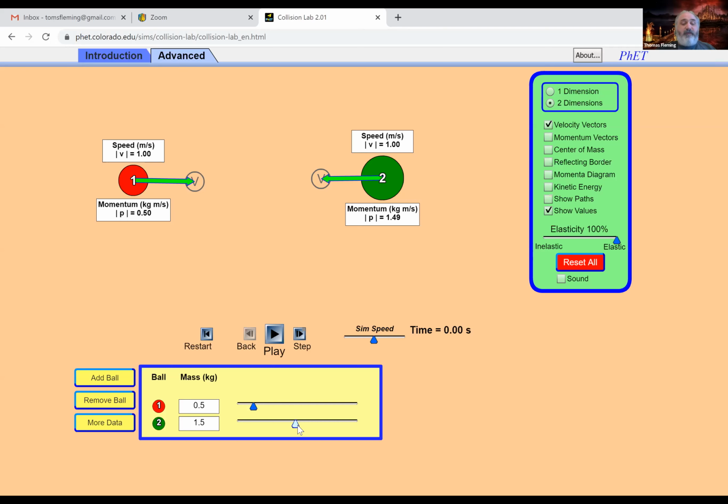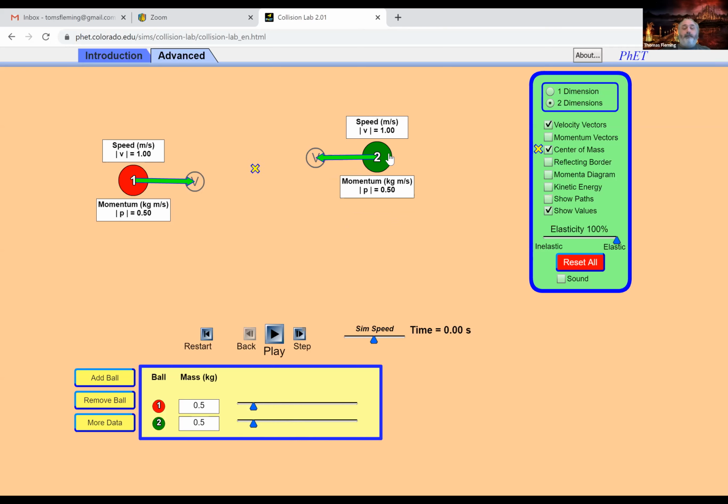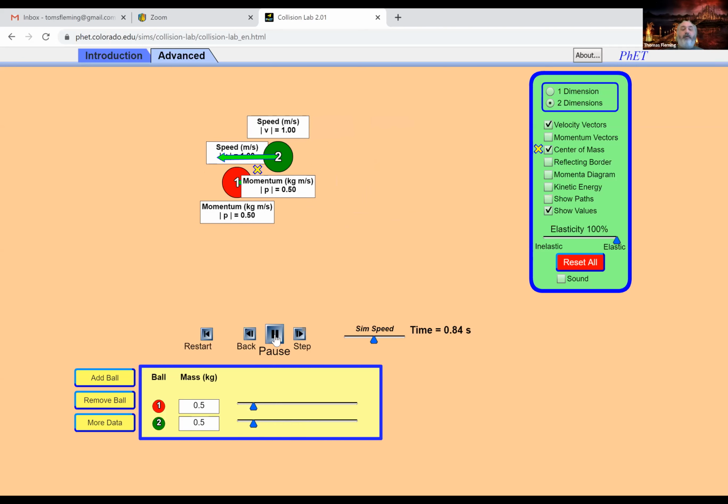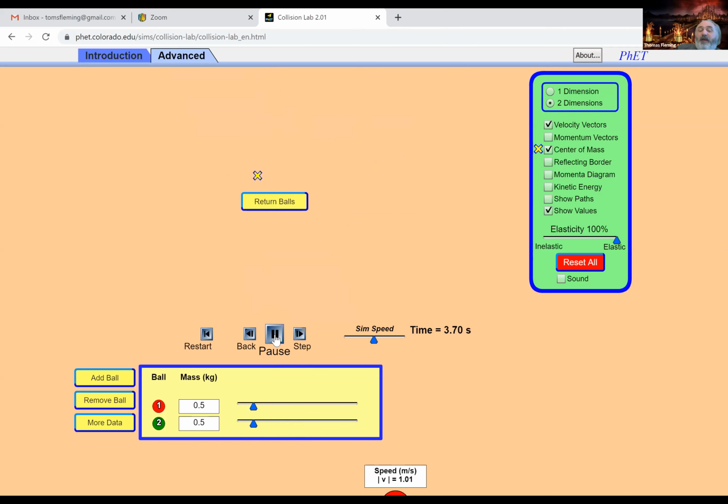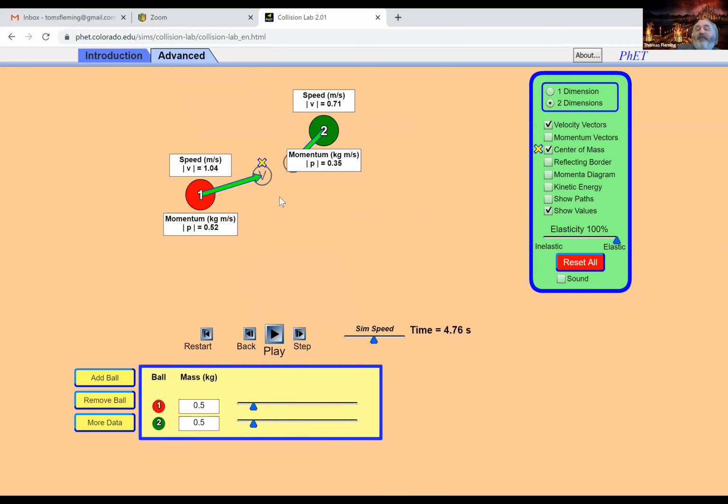When I crank their masses down so that they're the same, and here's my center of mass, like right there in the middle. And I'm going to have them hit each other in a glancing blow. And notice that that center of mass didn't move even a bit when they collided. The center of mass had the same location every time.